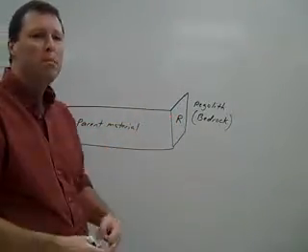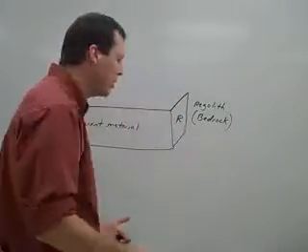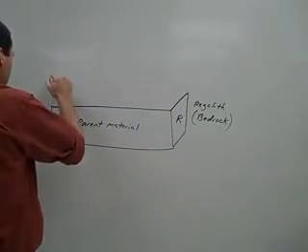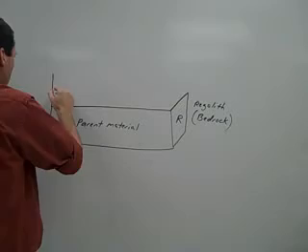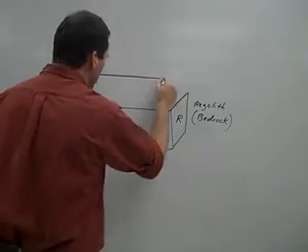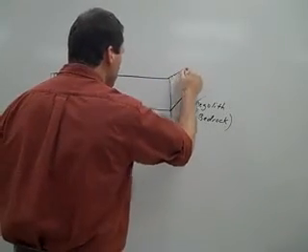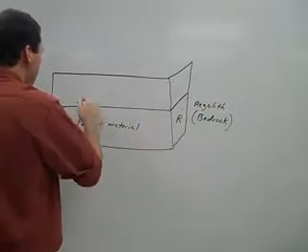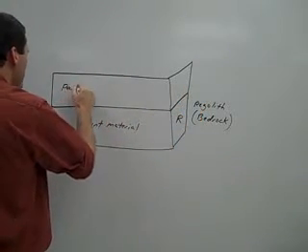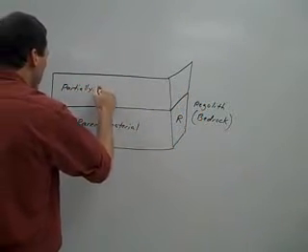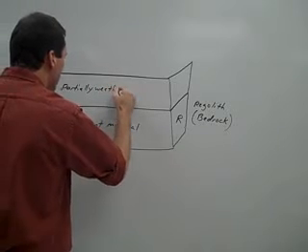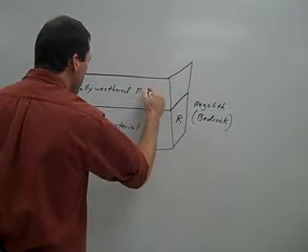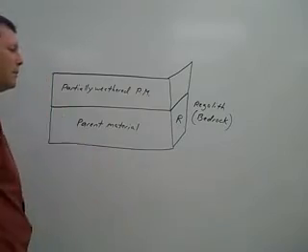Now, eventually, what's going to happen is this solid bedrock is going to get busted up into smaller pieces through the process of weathering. So let's go ahead and show that. So there we are. And this is going to be partially weathered parent material.